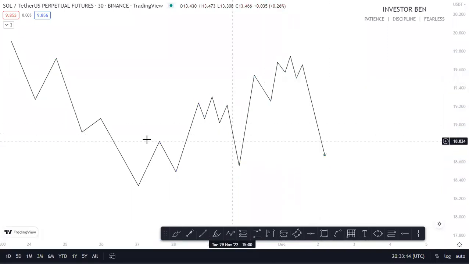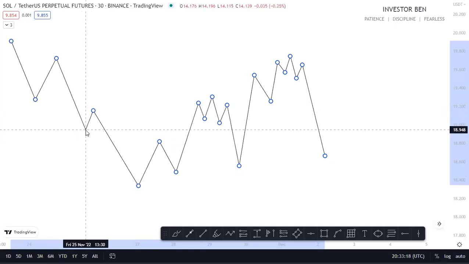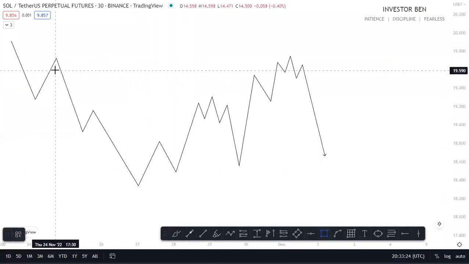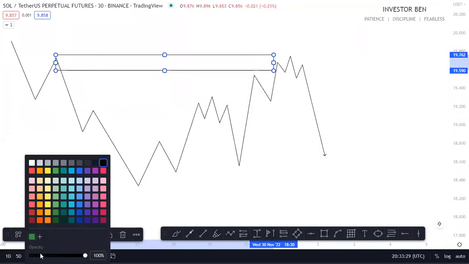Okay, so let's leave these structures here. You have your higher time frame supply zone at this point.